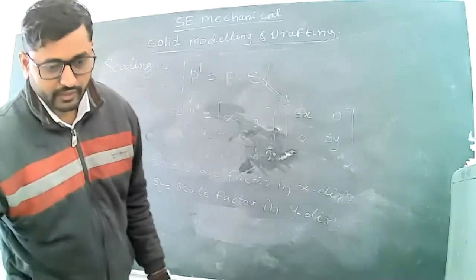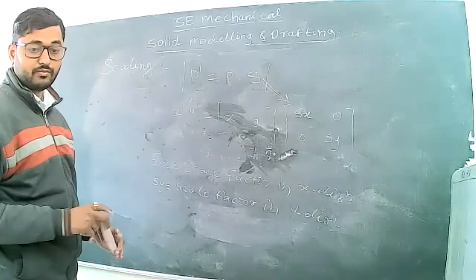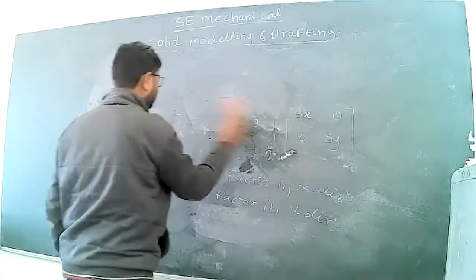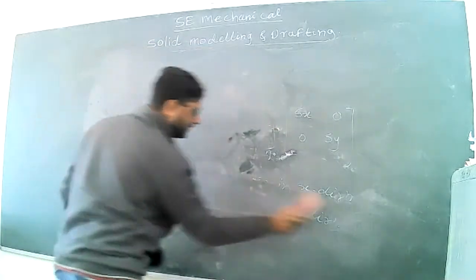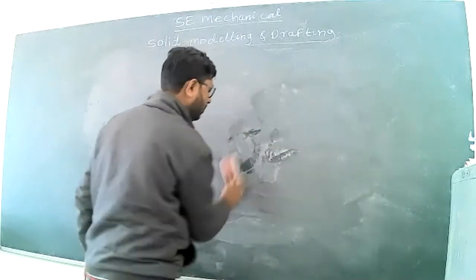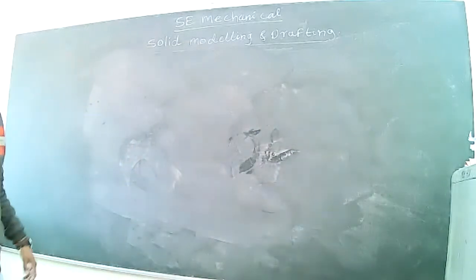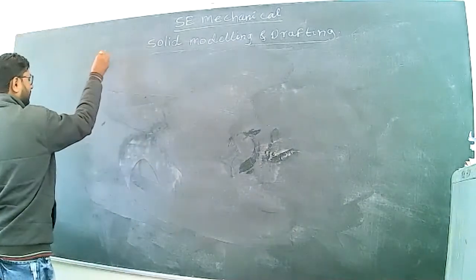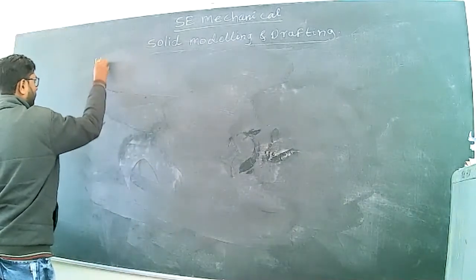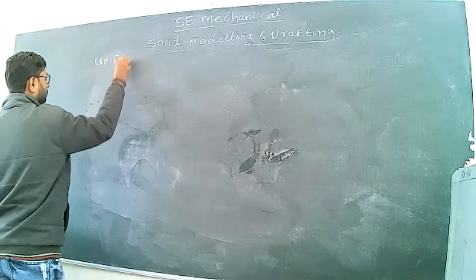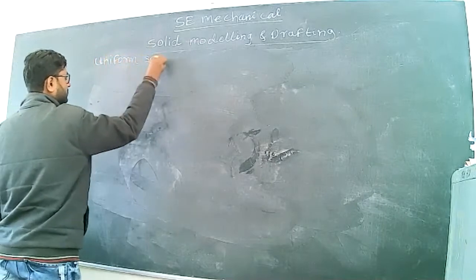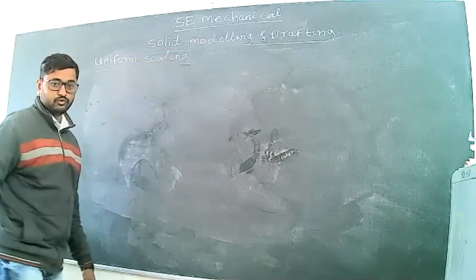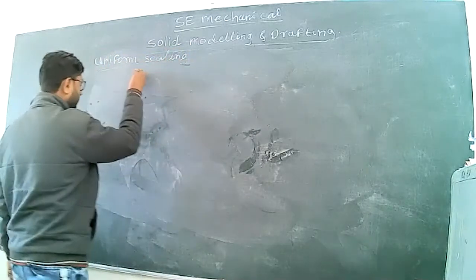So we will take one example for uniform scaling. There are two types of scaling: uniform scaling and non-uniform scaling. So for uniform scaling, we take a simple numerical example.